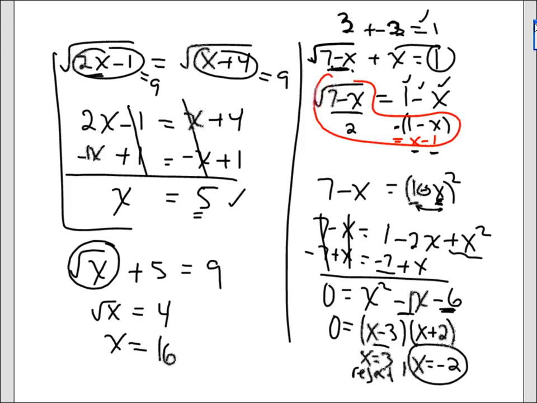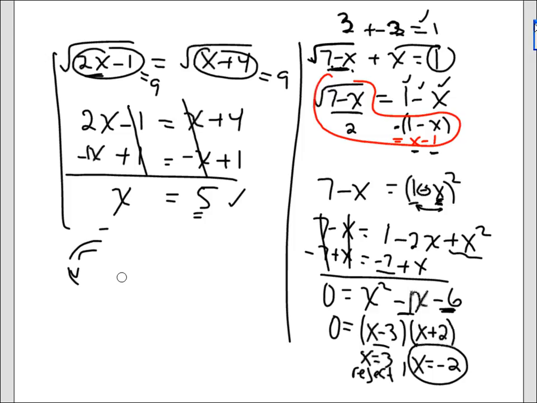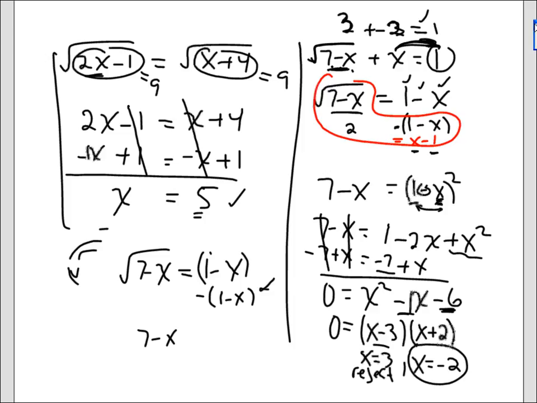Sometimes both answers, well, let me write it down here very clearly. Bringing the x over to the other side is no big deal. If you have the square root of 7 minus x equals 1 minus x, or negative 1 minus x, when you solve this, that is, when you square both sides, whether you square this or that, you're still going to get 1 minus x squared.